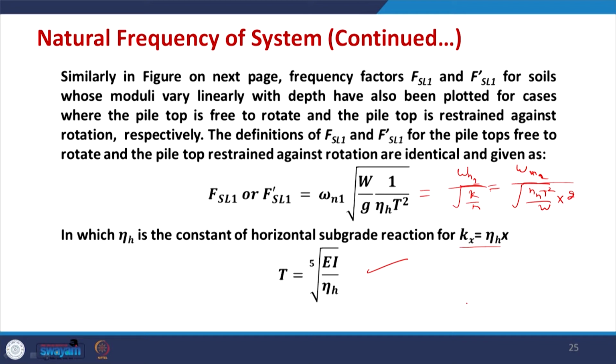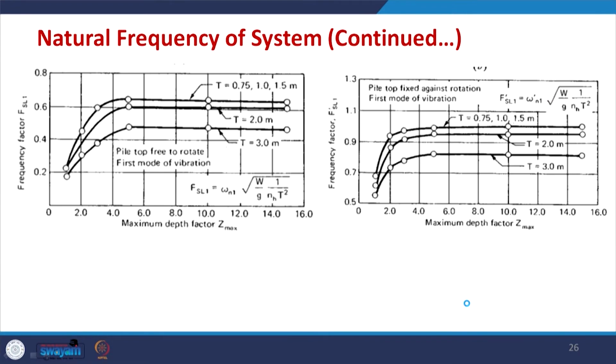Now, for this case the chart is given here, and you could see for these charts, depending on the value of T, there is a basic difference here. First of all, the charts are different charts, one for the case when this is constant with the depth and one varying with the depth.